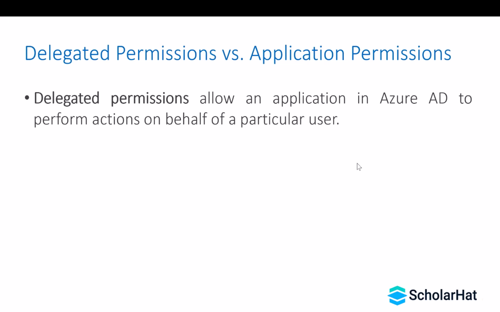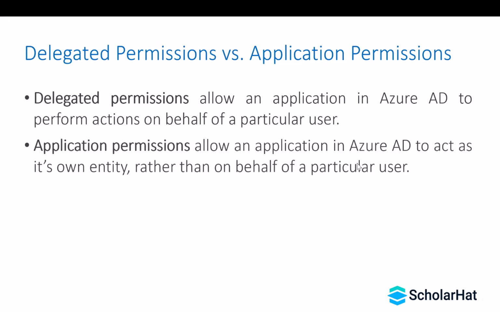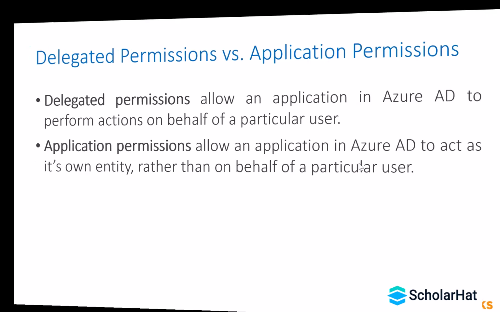But the application permission allows an application in Azure AD to act as its own entity. It means I don't need any user to perform the action. Based upon that application, all the actions can be performed. So these are the differences between the delegated permission and the application permission.